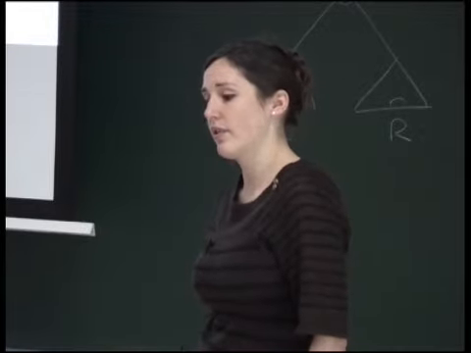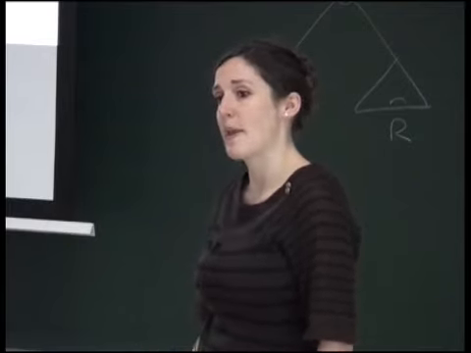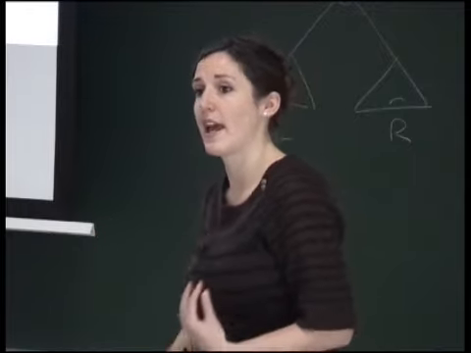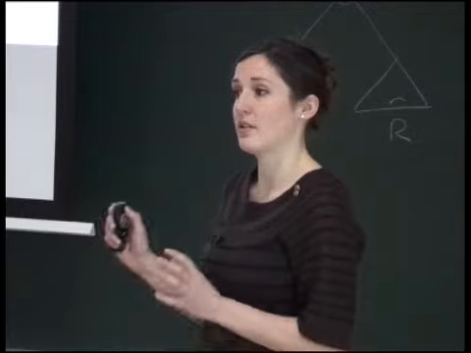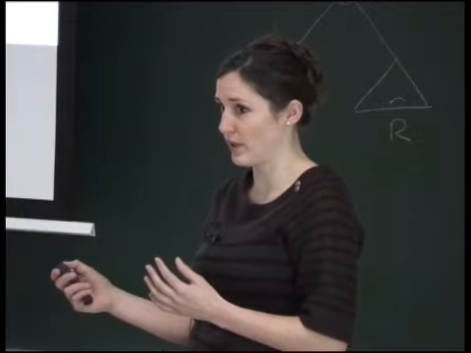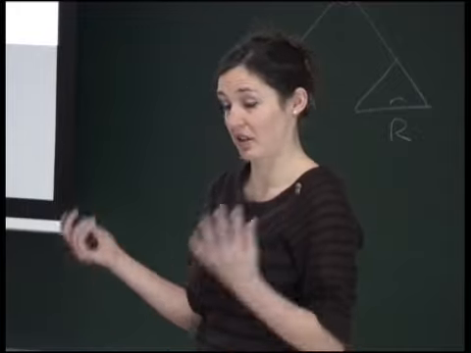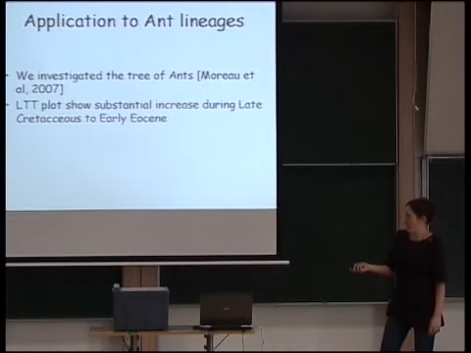And the question of the authors was: was this global, did all the lineages in the ant tree start speciating faster, or were there just some lineages, maybe just one lineage, which decided for whatever reason to start speciating much, much faster than before? And we applied our test to this tree.